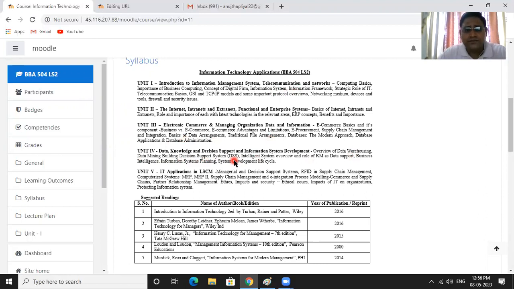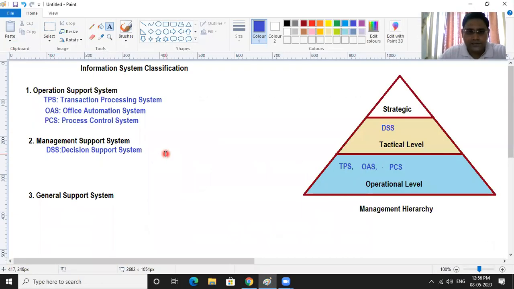And how the model base will fetch the data from the database, and how it will be revealed to the user through the user interface. We will discuss all these things. As of now, with decision support system, we are directly assisting our management in decision support.